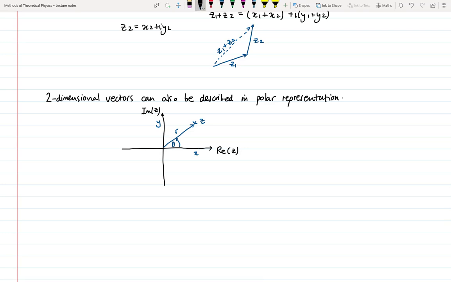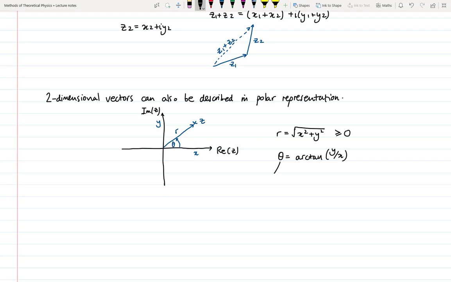Now, by Pythagoras' theorem, this quantity r is given by the square root of x squared plus y squared, and as a result, we can see that r is greater than or equal to 0. This parameter theta is given by arctan of y over x.